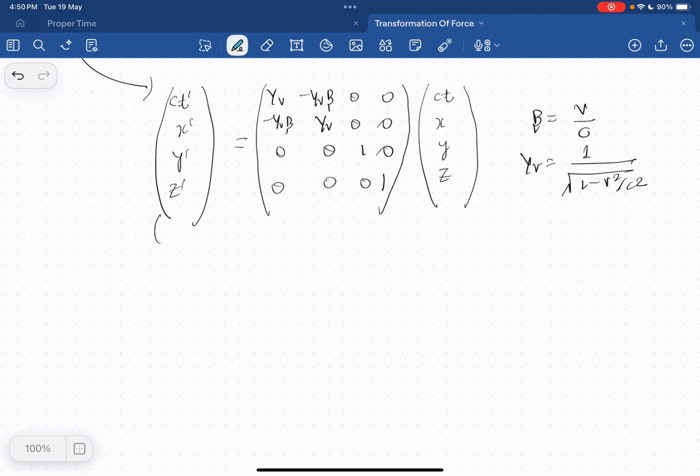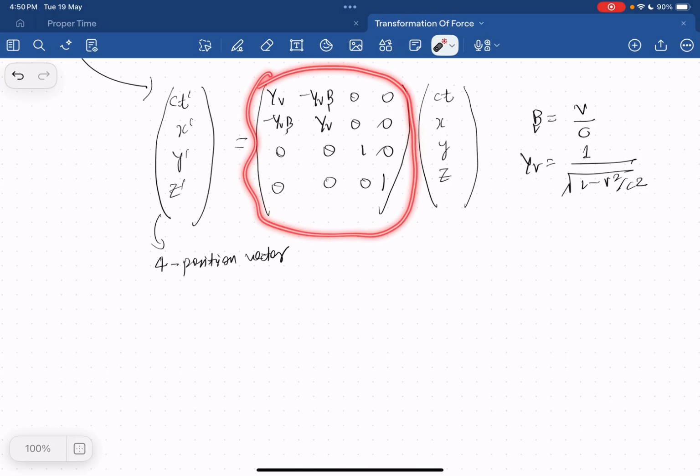So we actually call this a 4 position vector, we can call it. So this is a 4 vector. So we can define a 4 vector as a set of 4 quantities which transforms according to Lorentz transformation, that is according to this matrix.